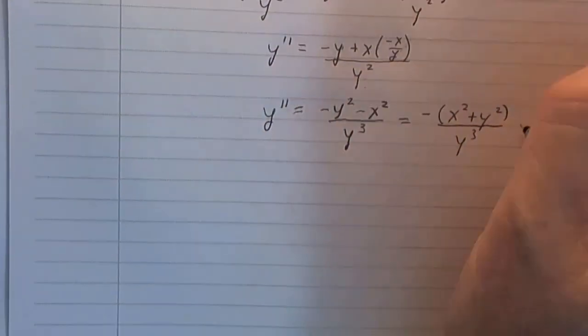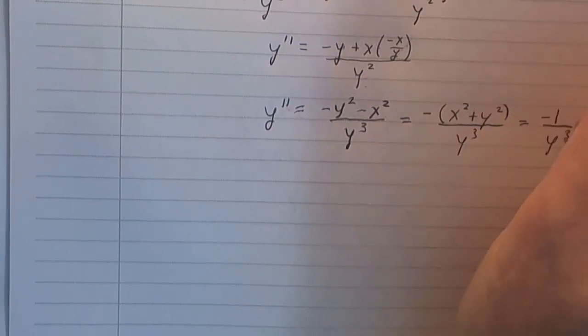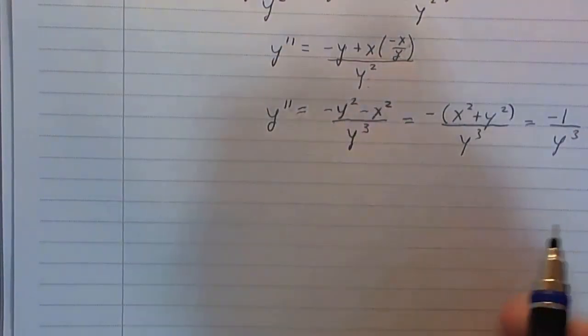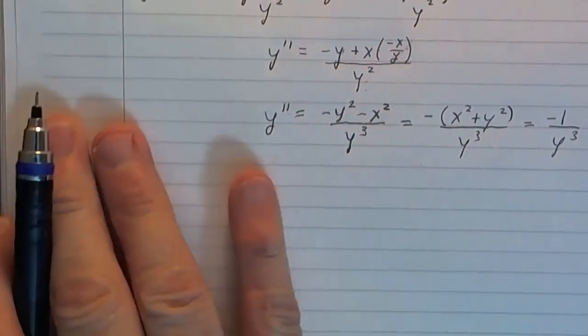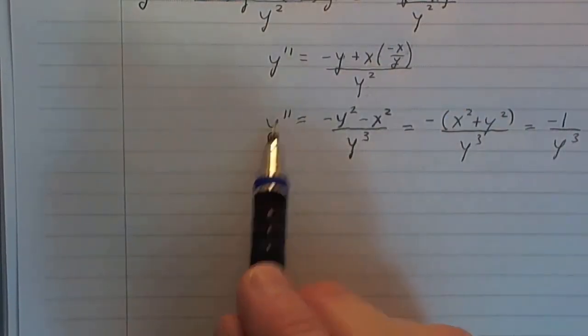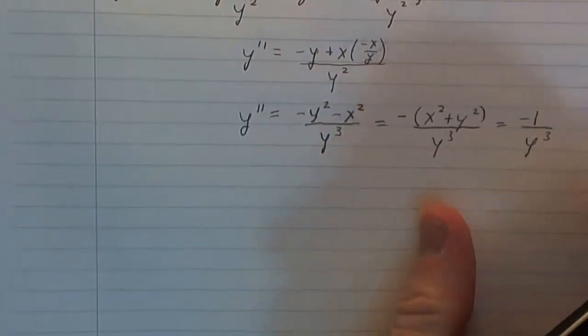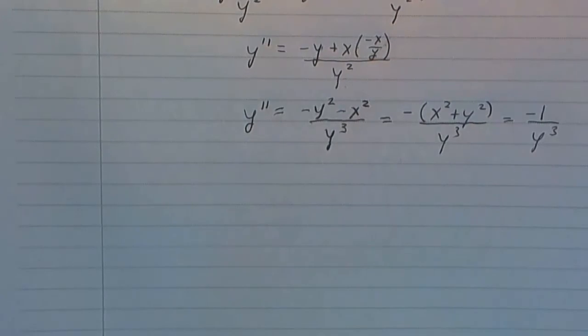And that looks like that's going to be negative 1 over y cubed. So, that's a cooler way to write it. So we've got y double prime equals negative 1 over y cubed. So there you have it. There's a way that you can find the second derivative using implicit differentiation.